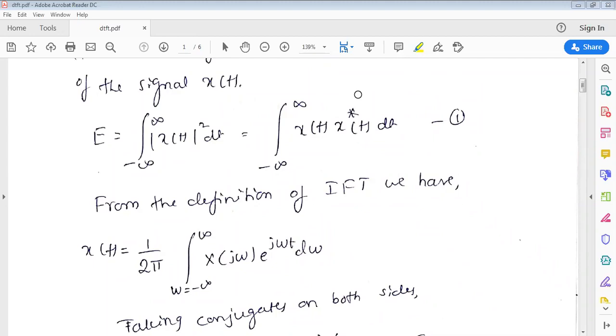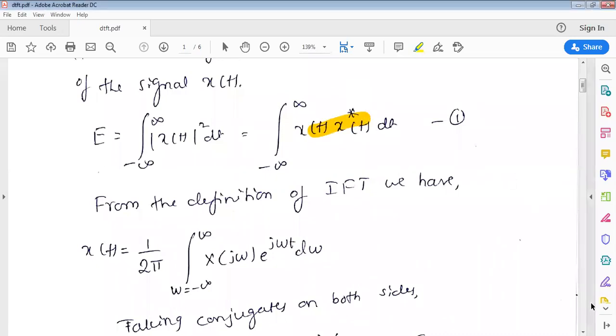By multiplying x plus jy with x minus jy. What is x minus jy? That is the complex conjugate of x plus jy. Similarly, I can write |x(t)|^2 as x of t into the complex conjugate of x of t, that is x of t into x star of t. Are you able to follow? Any doubt here? Are you able to understand this step?